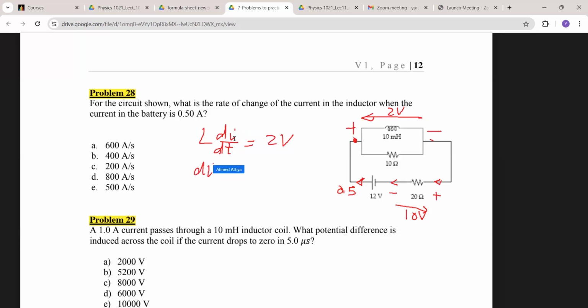So dI by dt is 2 over 10 times 10 to the power minus 3, which is 200 hertz.